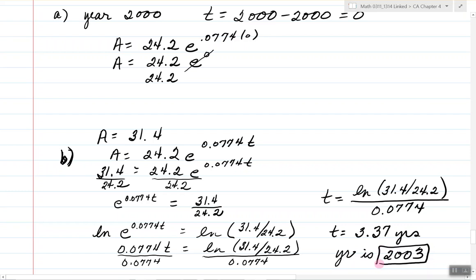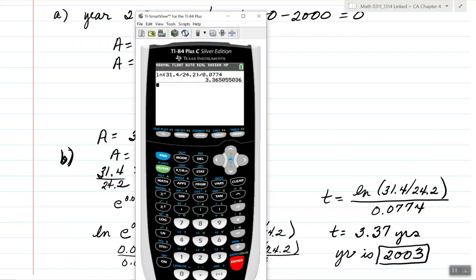All right, now having done all of that, let's go back because we haven't done this much. We still have in the y equals this function. Go to another y equals and put in the y value that they've given you, 31.4. Let's go to window. I'm going to go from -10 to 50 for x's or years.